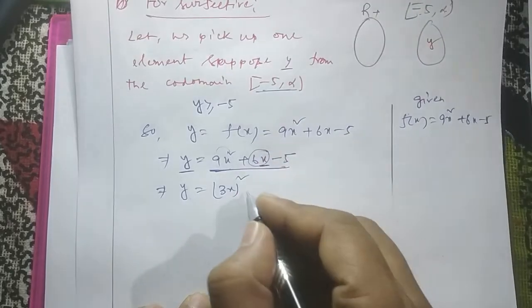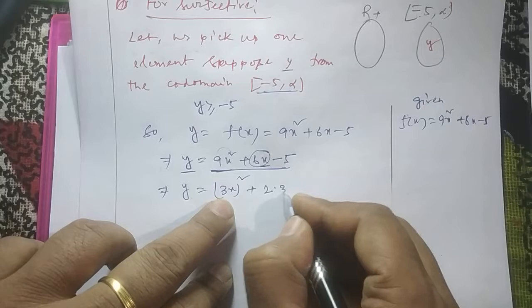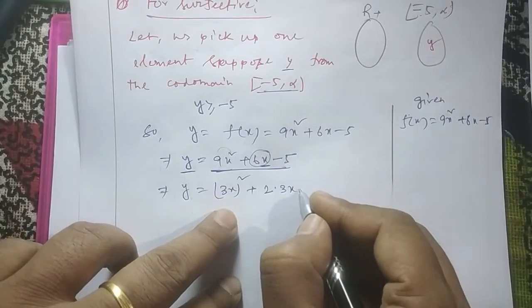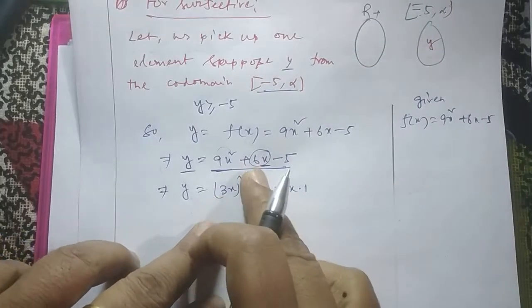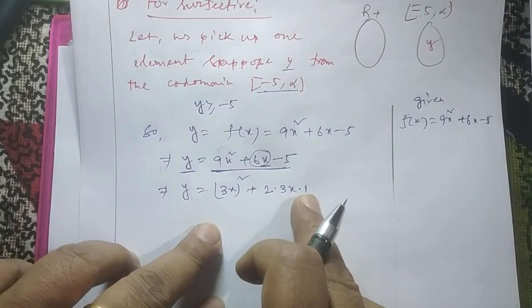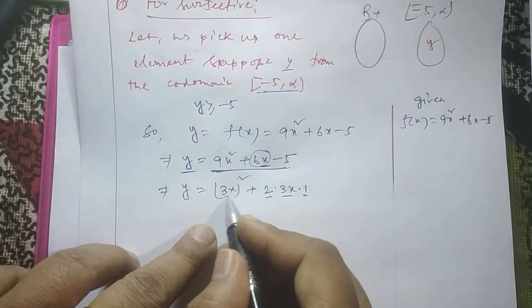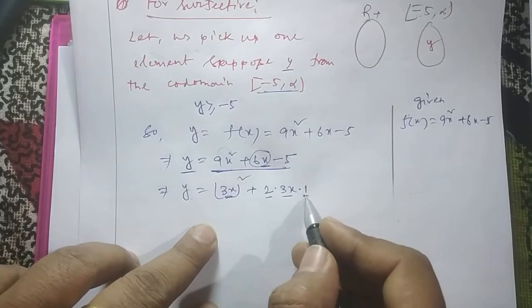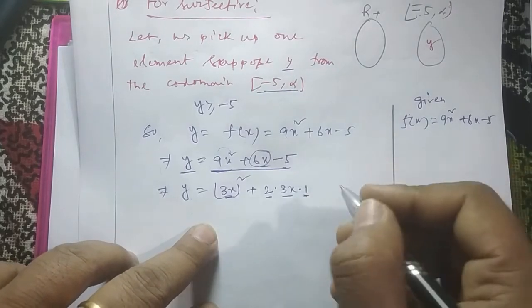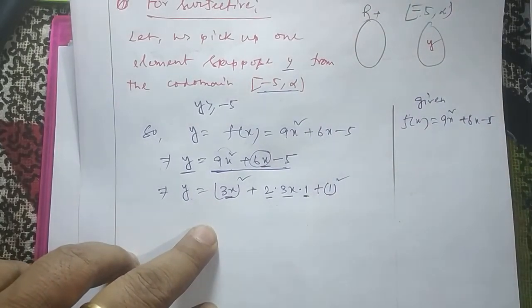This 6x can be written as 2 into 3x into 1, means 2 into a into b. Here 3x is a and 1 will be working as b. Now let us bring b square forcibly, means 1 square.